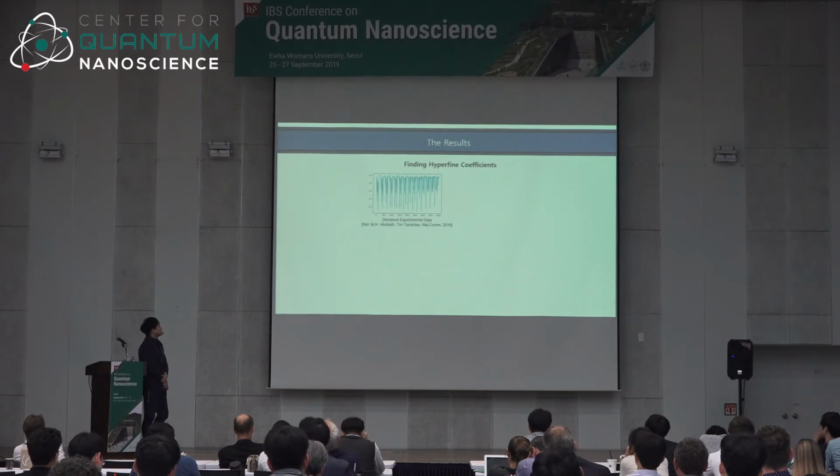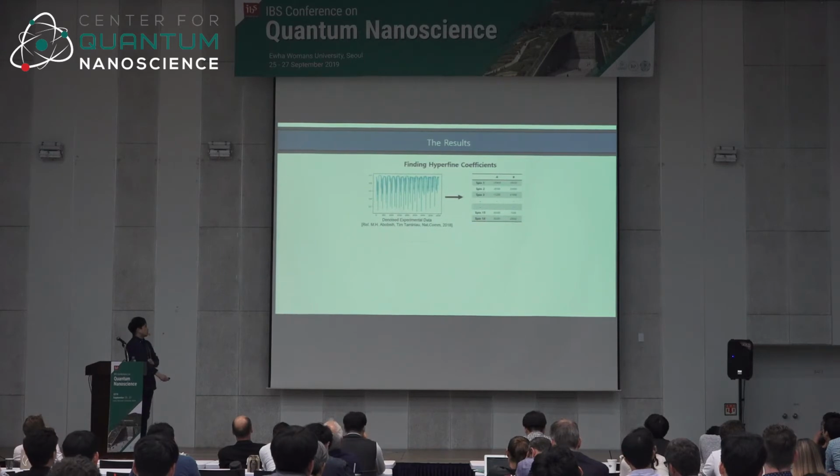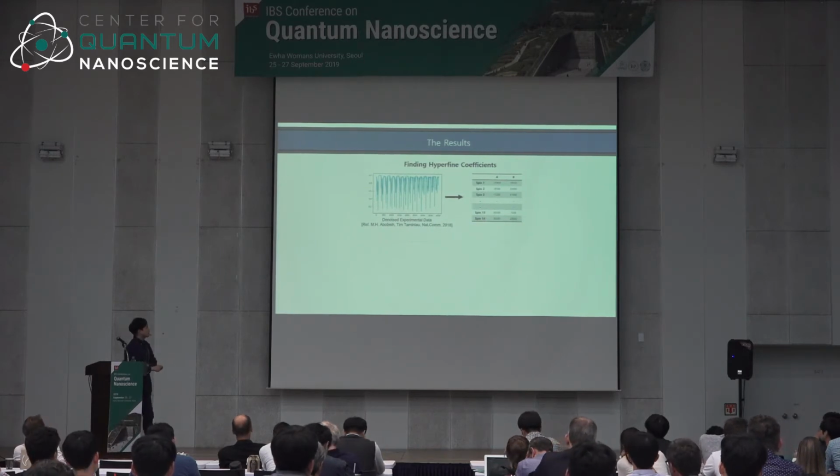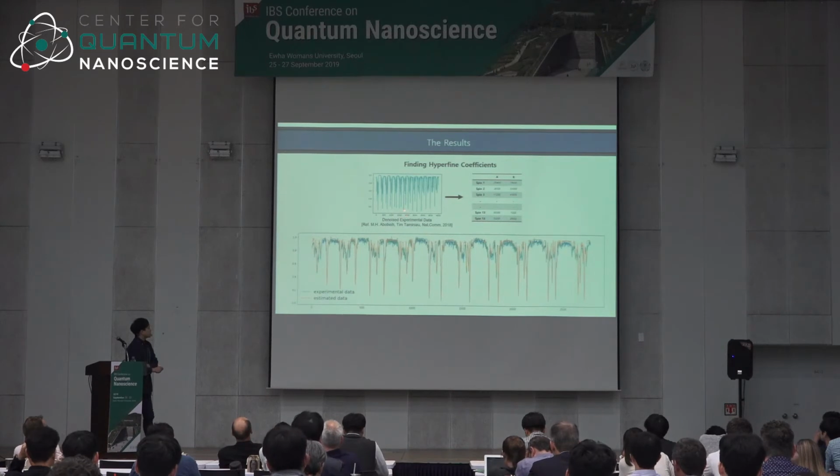And for finding hyperfine coefficients, this is also experiment data from this reference paper. We feed this data to the machine learning model and get these hyperfine coefficients. And we want to check the experiment data against these labels.